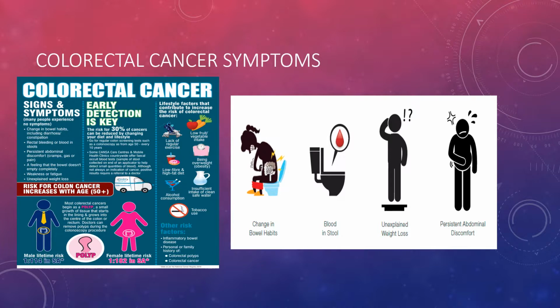What are the colorectal cancer symptoms? So here we have 2 images, and the white image is kind of graphic, but these are some of the most common symptoms in colorectal cancer. Like number 1 being abdominal pain, and then change in bowel habits. And I found it interesting that sometimes it can leave blood on the stool.